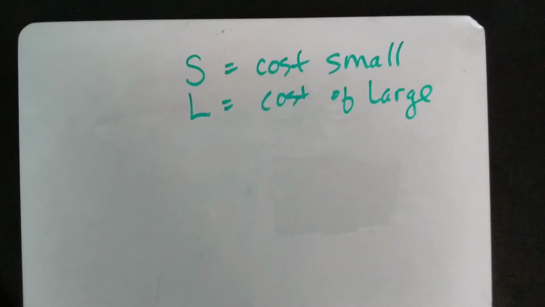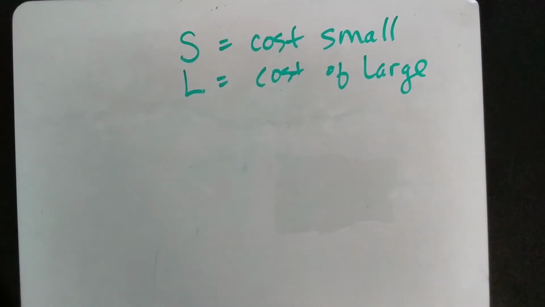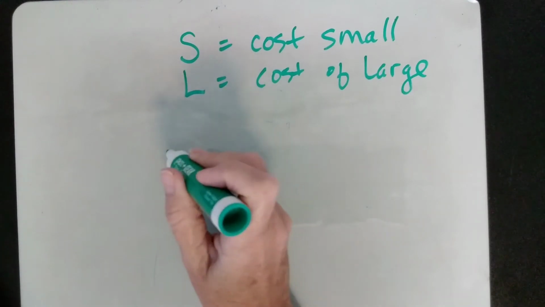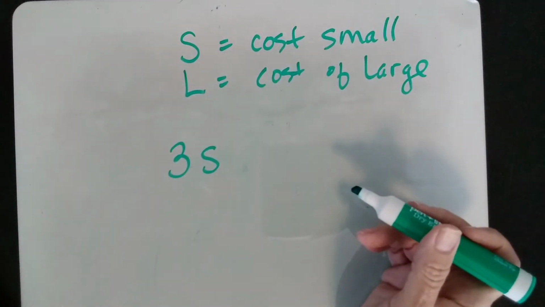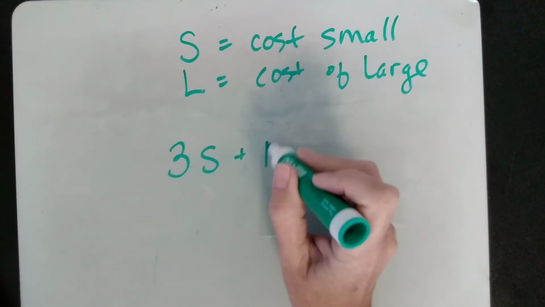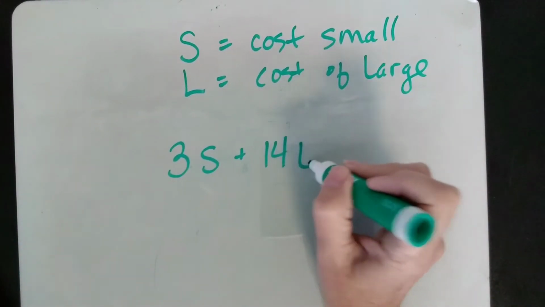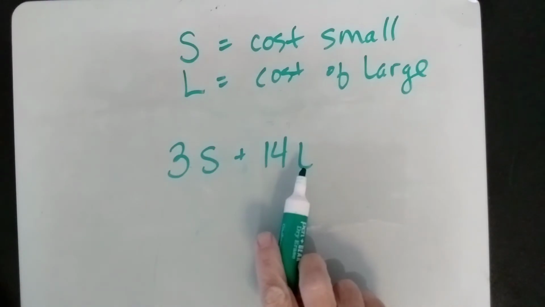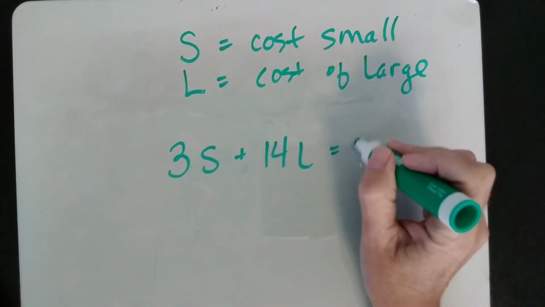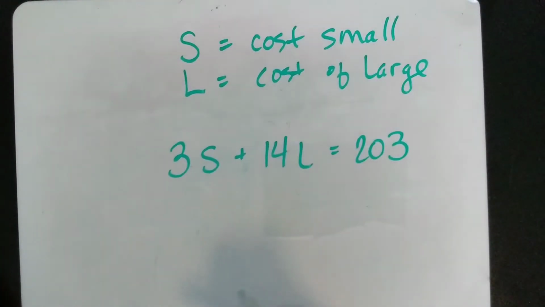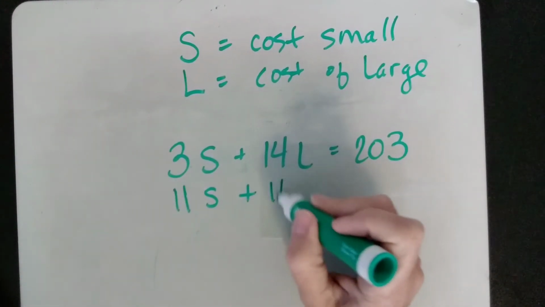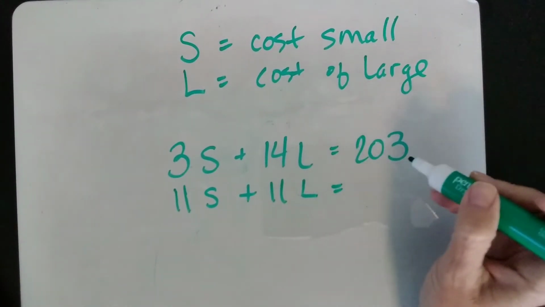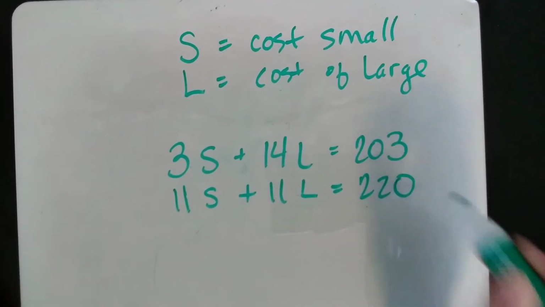The first clue that it gives me is that Matt sold 3 small, so he made 3 times the cost of a small box of oranges, and 14 large, so 14 times the cost of a large box of oranges, and that totaled $203. Ming sold 11 small and 11 large, and that totaled $220.